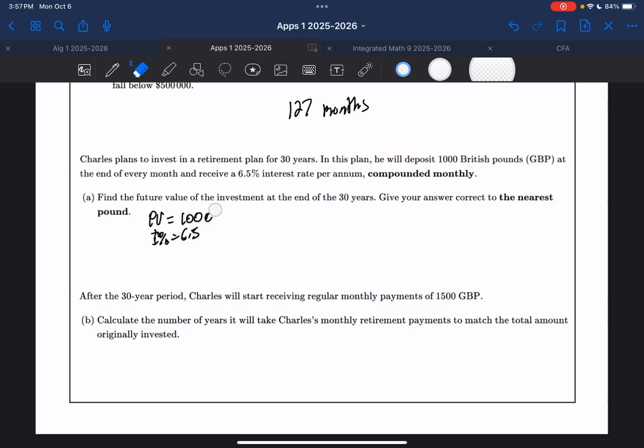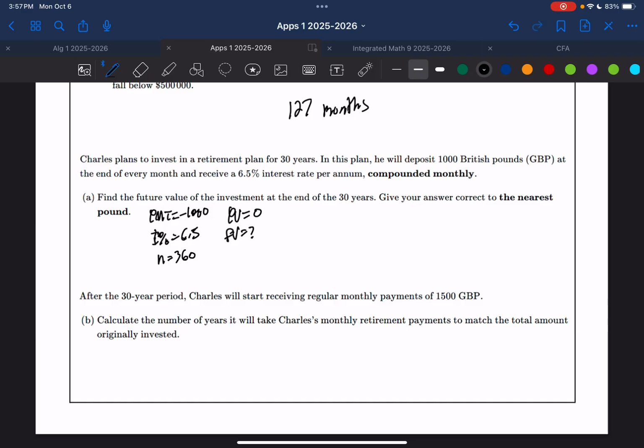Oh, sorry, the present value is not 1,000. Invest in retirement, so the payment, PMT, is going to be negative 1,000. I is 6.5%. PV is 0. Future value is what we're trying to find at the end of 30 years. So N is going to be 360, right? 30 years times 12 months a year. And PY and CY will both be 12.